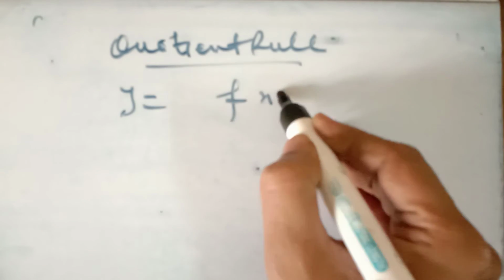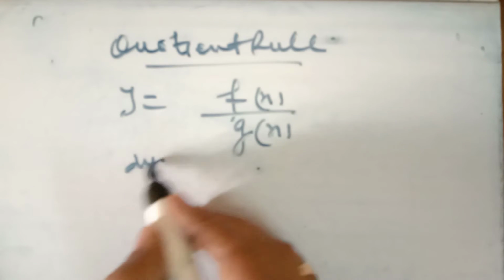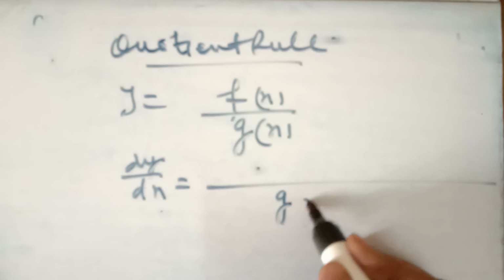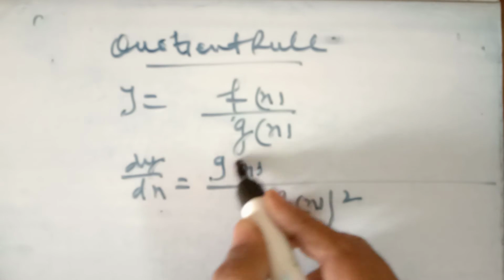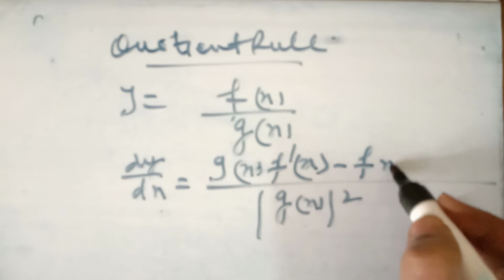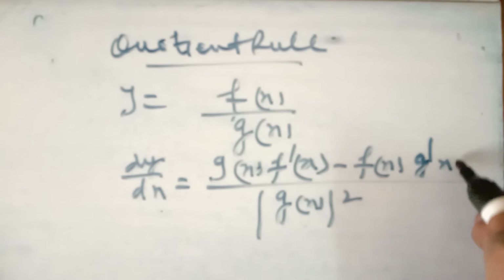After that we have the quotient rule for the derivative of the function. Suppose we have the quotient of two functions, f(x) upon g(x). So dy/dx will be equal to, listen very carefully, the square of the denominator in the denominator, and in the numerator the denominator multiplied by the derivative of the numerator minus the numerator multiplied by the derivative of the denominator, that is g(x) f'(x) minus f(x) g'(x).